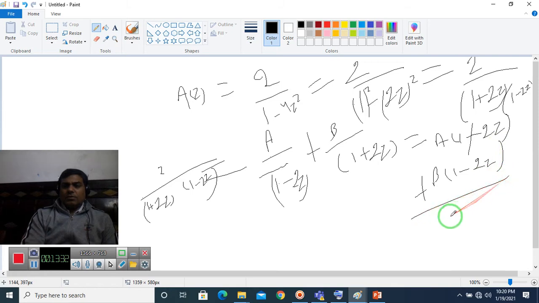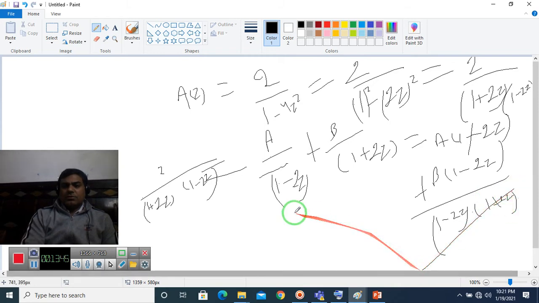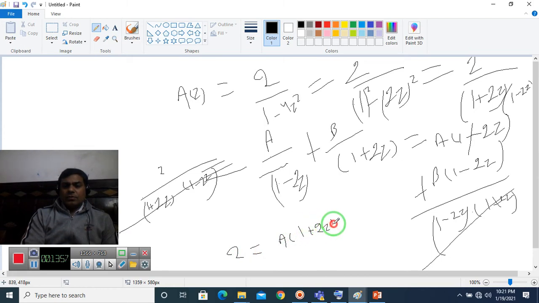After taking the LCM we have the same denominator, 1 plus 2Z, 1 minus 2Z. This will cancel. So it becomes 2 equal to a into (1 plus 2Z) plus b into (1 minus 2Z).